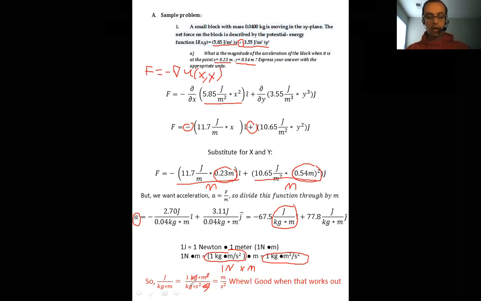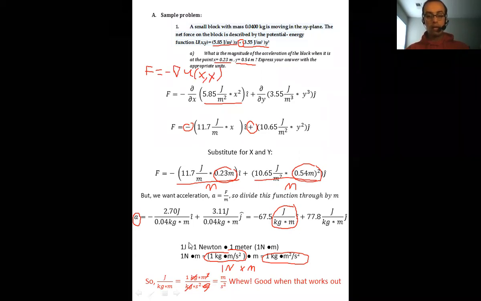We can cancel out the kilograms, and what we're left with is 1 meter per second squared. So this is in fact the correct unit. This all works out, and we know that we didn't make some sort of mistake when we were executing this problem. Okay?